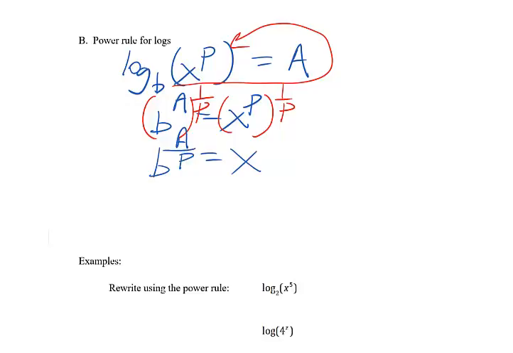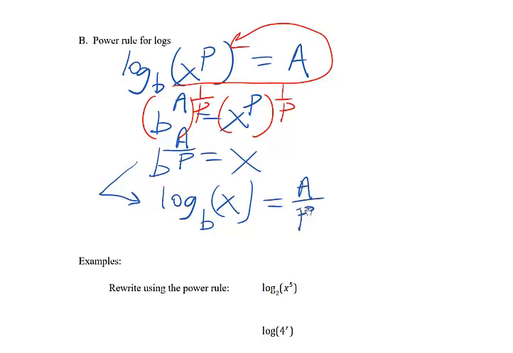I'm going to switch it into logarithmic form. So I write log. My base underneath is b. My result is x. And my power, remember the logarithm is equal to the power, is a over p. You can do that little semicircular pathway to check b to the a over p equals x, sure enough.